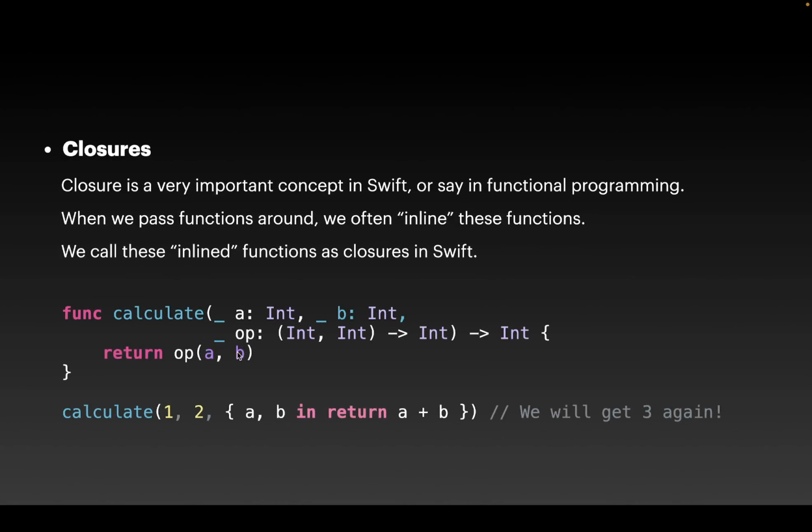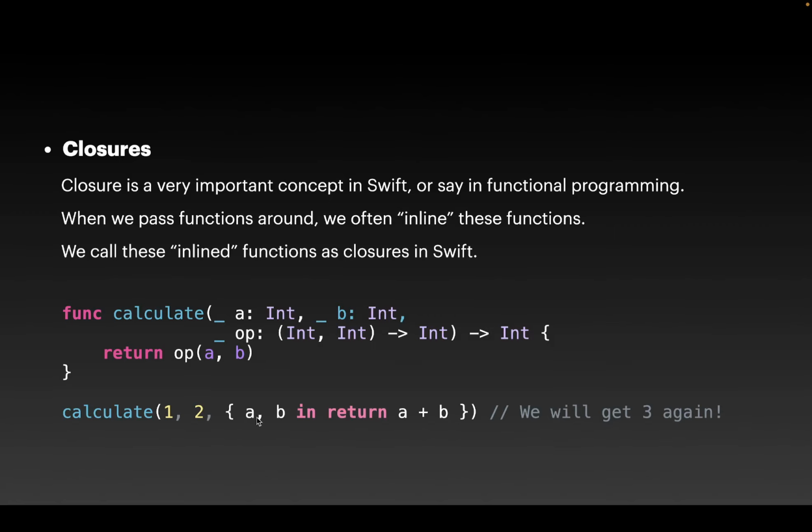Let's take a look at the code to see what it means to inline these functions. Again, that's the calculate function we defined before. That's exactly the same as before. Now this time, I don't pass an add function into this calculate function. Instead, I inline this function here. Okay, that's the syntax here. It goes with curly brackets.